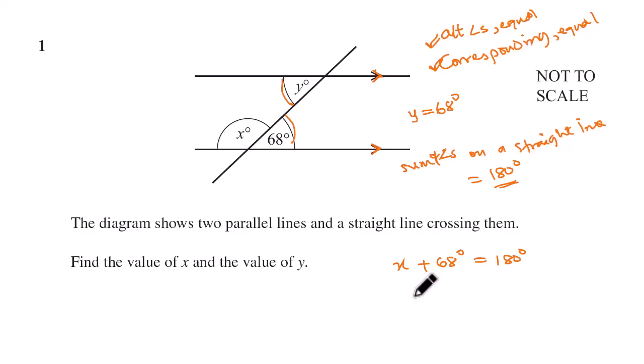And with that in mind, we can just solve this like a normal equation to say 180 degrees minus 68 degrees. So this means that x is equal to 112 degrees. This is quite simple, but let's see what the next question is talking about.